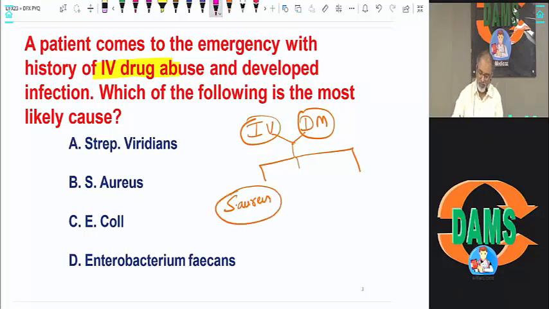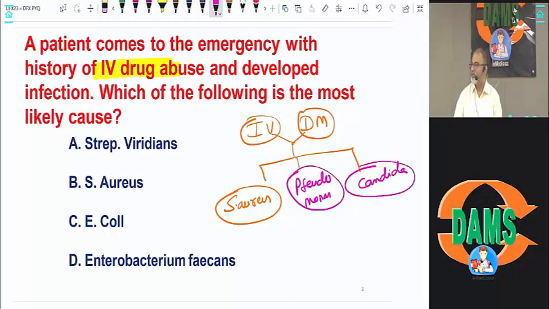On the gram negative side, Pseudomonas. And one more fellow, do not forget, Candida. Wherever drug user, think of these three. Most commonly, Staph aureus.